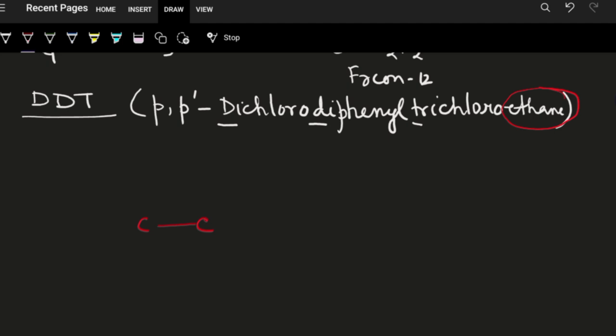Now trichloro actually means 3 Cl atoms on 1 carbon, and the other one is dichlorodiphenyl. It is having a phenyl ring where, see this linkage, if this is p, then the p' will be the other side.